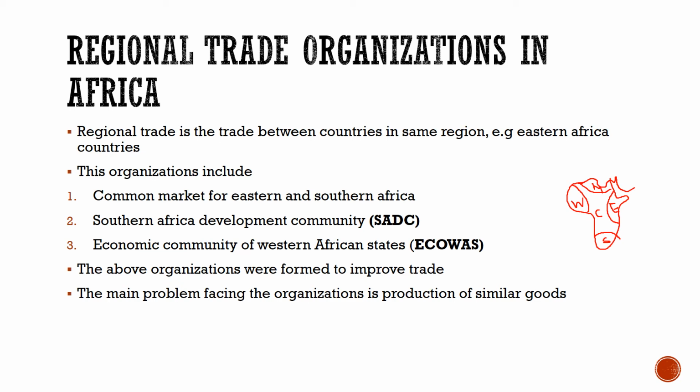Western Africa also has regional organizations, and Northern Africa also has regional organizations. So we have different types of regional organizations, and some of them are trade organizations. So in Africa, we have 3 major trade organizations.